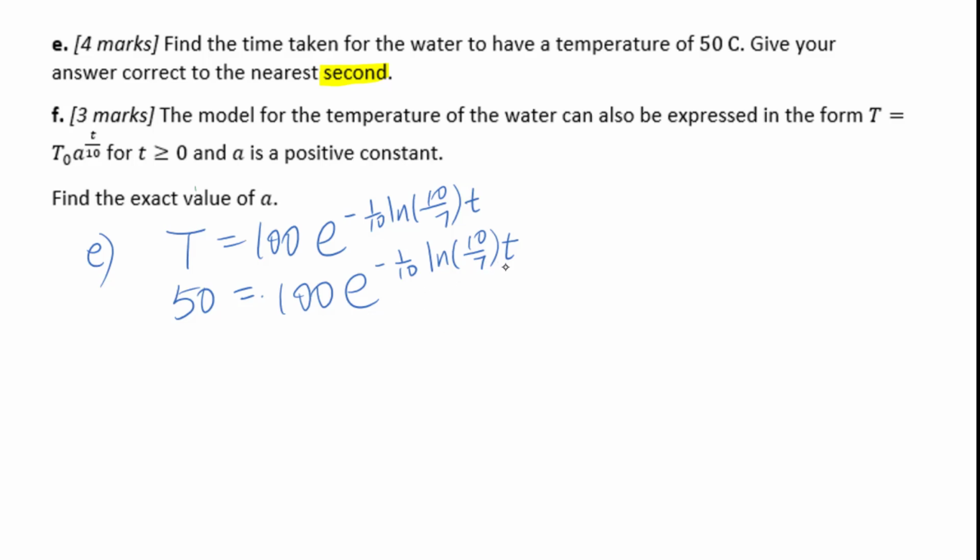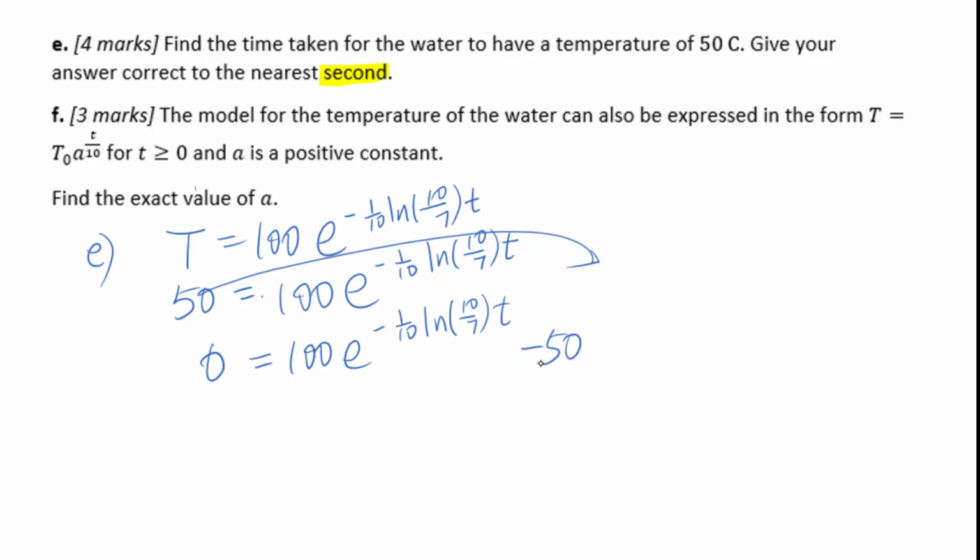We need to figure out this t. We will use the equation solver. So move everything to one side and change the sign: 0 equals 100 e to the negative 1 over 10 natural log 10 over 7 t minus 50.